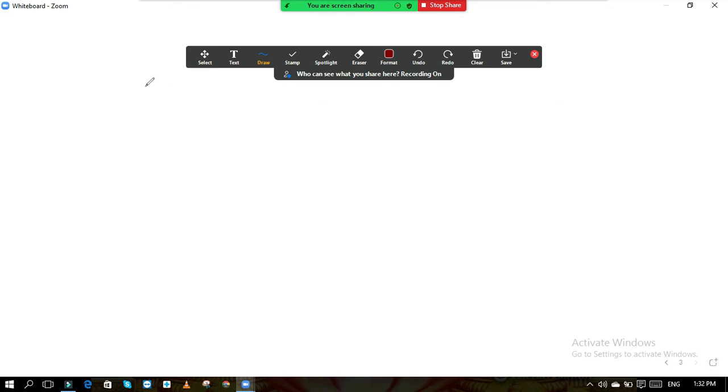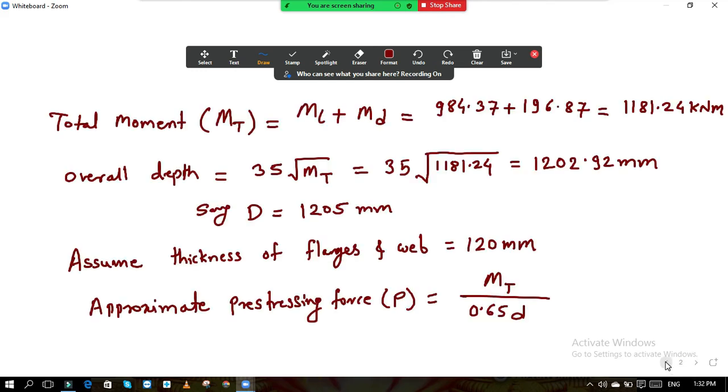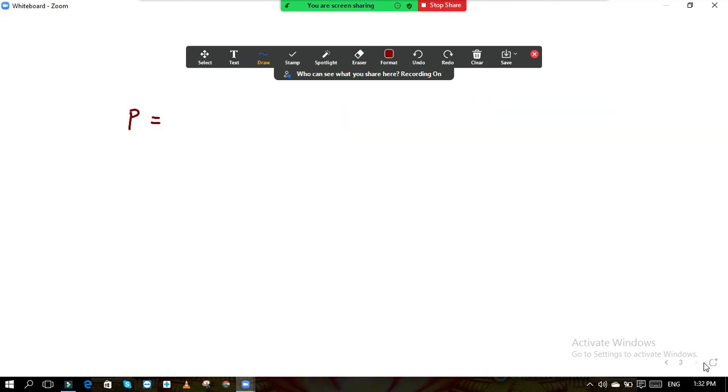So here P is equal to, what was our total moment? 1181.24 into 10 raised to 6 Newton mm divided by 0.65 into our depth 1205.